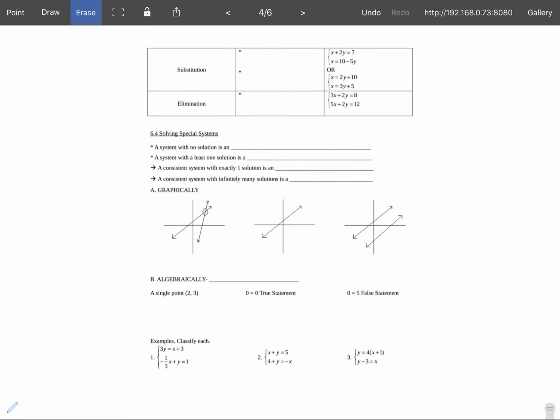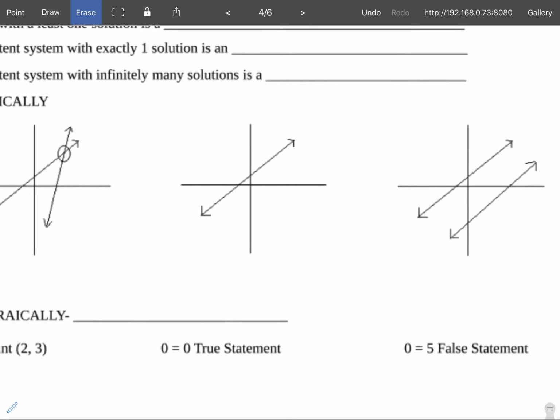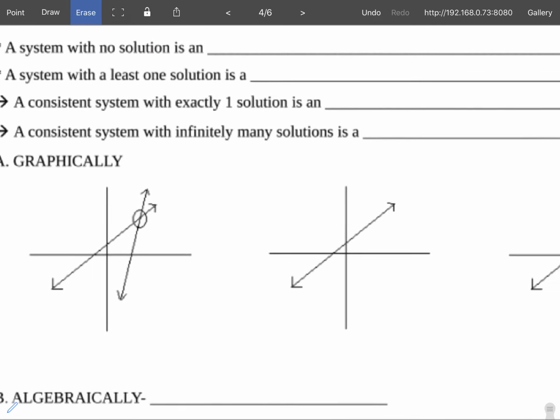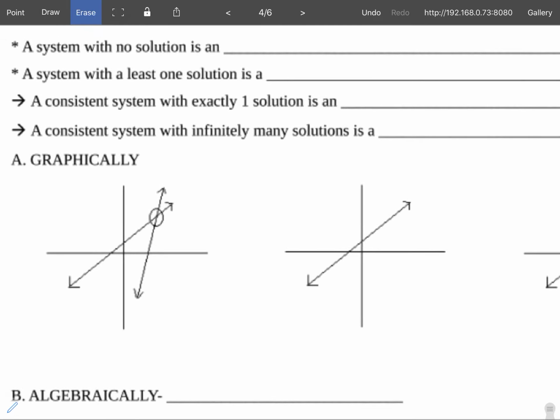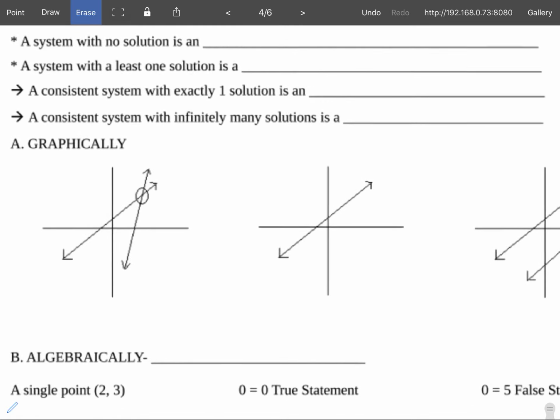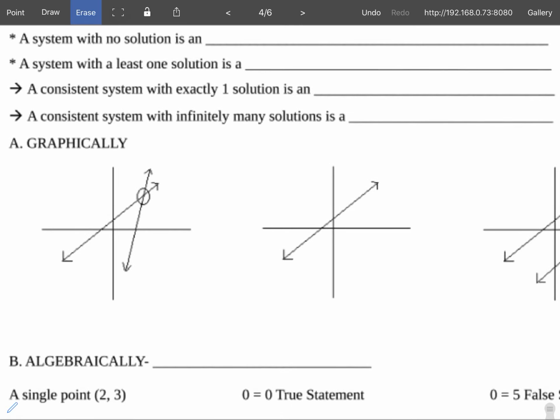All right, so section 6-4, we got to fill in these blanks on this vocabulary at the top. The first one says a system, again, a system is two equations with two variables.